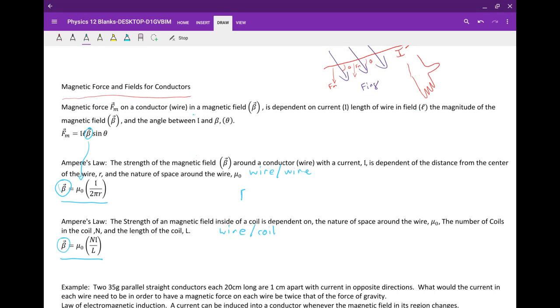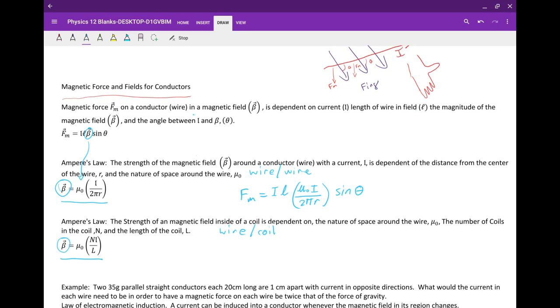So basically, if that's the case, you would see that the magnetic force is equal to, sorry, let me write that better, the current in the wire times the length of the wire times the magnetic field by the other wire, which would be this, mu-naught I over 2 pi r, times the sine of the angle between the wire and the field, all right?